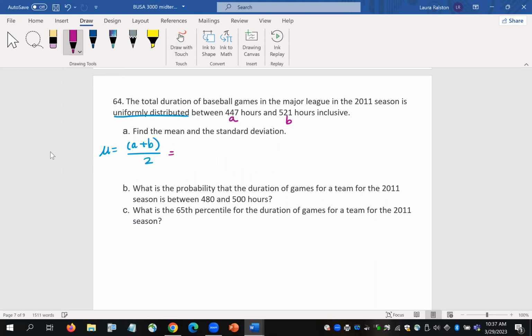So for the mean, I would have 447 plus 521, all divided by 2. So I have 447 plus 521 is 968, divided by 2 gives me a mean value of 484 hours.